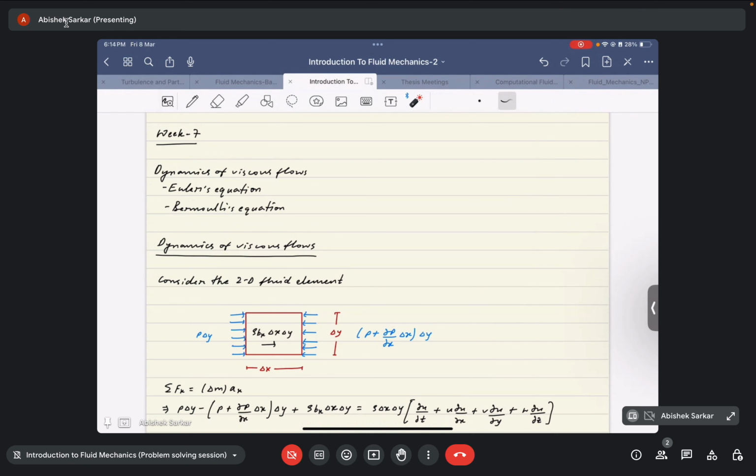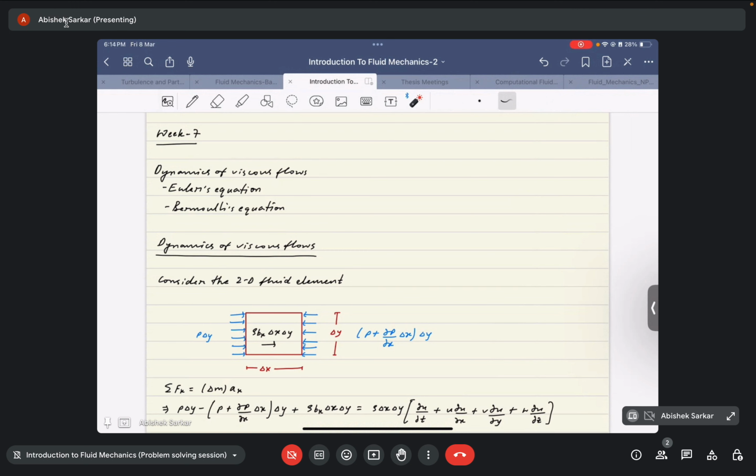So from this week onwards, we will be primarily talking about the forces that exist in the flow field, and that generate or induce flow in the concerned geometry or control volume that we are focusing upon.